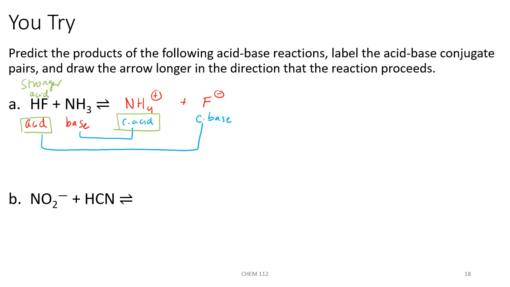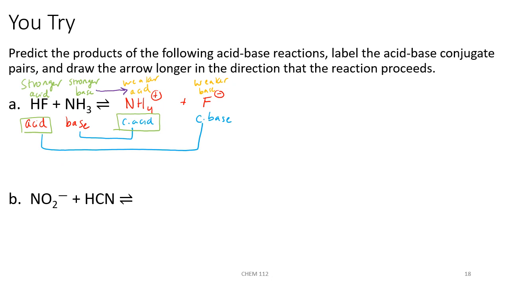And ammonium would be the weaker acid. And without even looking, we can say then that our weaker base would have to also be the fluoride anion. And our stronger base is going to be the ammonia because the two pairs are always going to be on the same side. So for our favored direction for equilibrium, we'll draw our arrow longer, pointing towards the right, pointing towards the weaker acid-base pair.